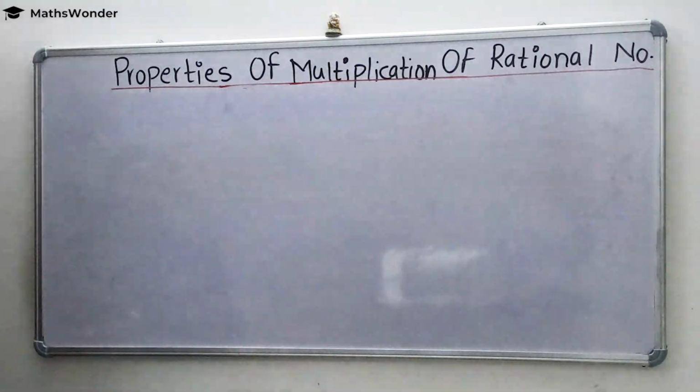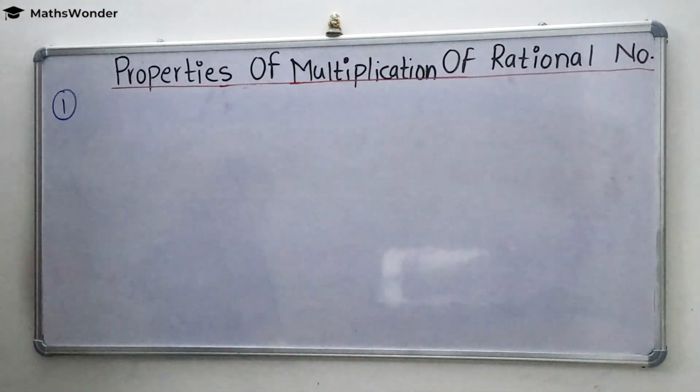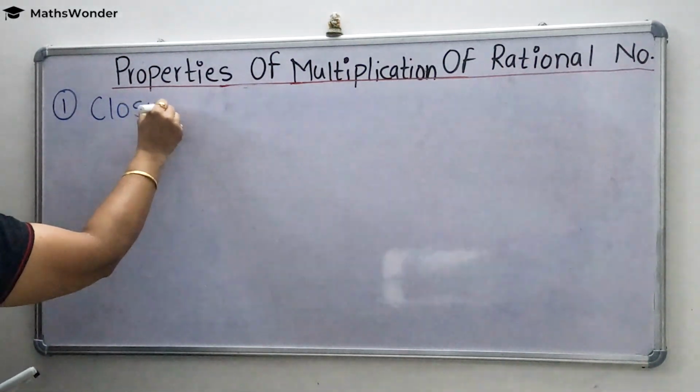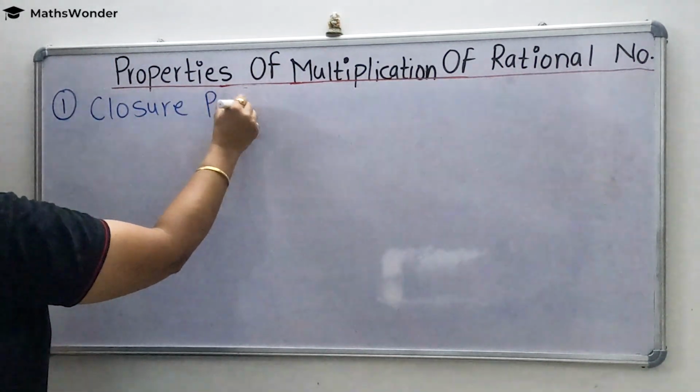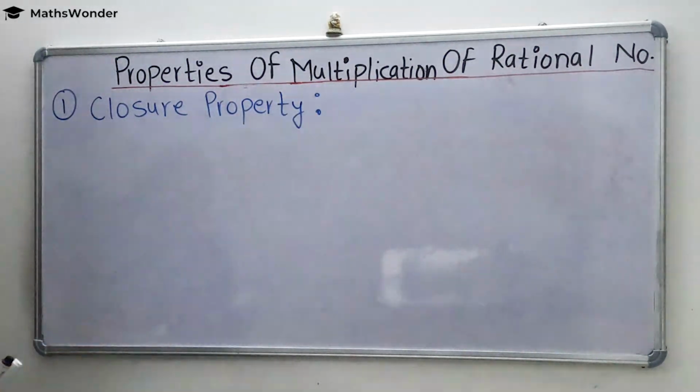So the first property of multiplication is the same as in addition and subtraction. The name of the multiplication property is the closure property. Closure property is simple. The rational numbers are closed under multiplication.